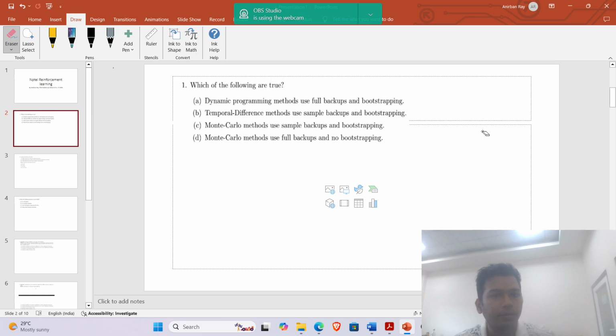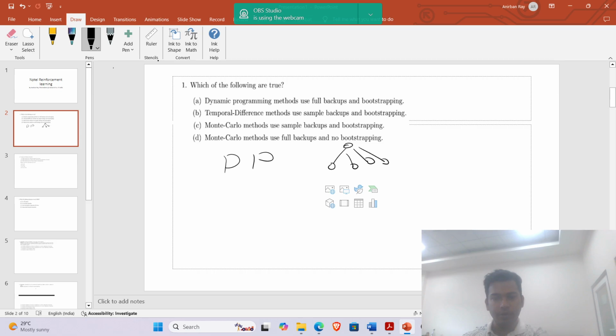In this question, which of the following are true? Dynamic programming we have covered long before, and then temporal difference methods and Monte Carlo methods. The idea is somewhat like this. In the dynamic programming method, we came across a problem like this.